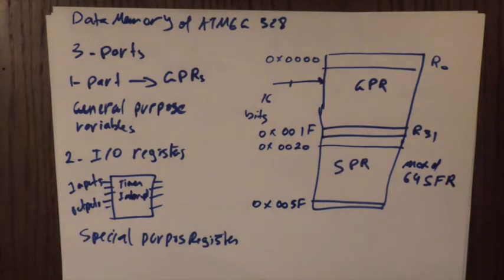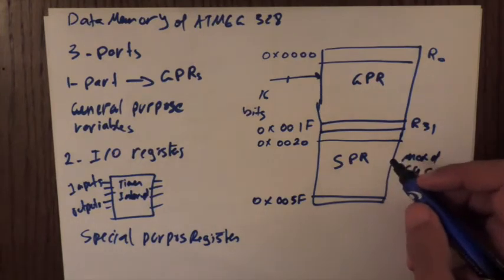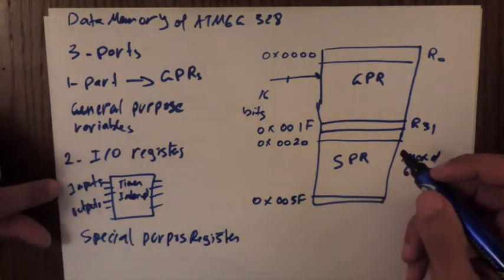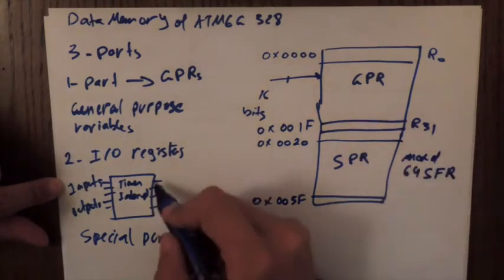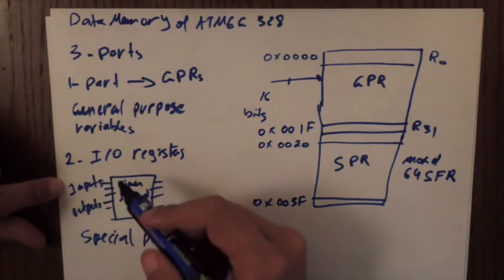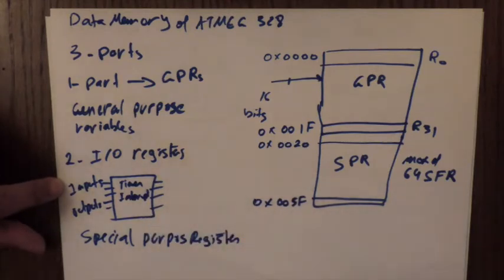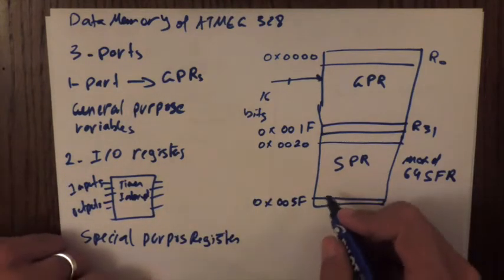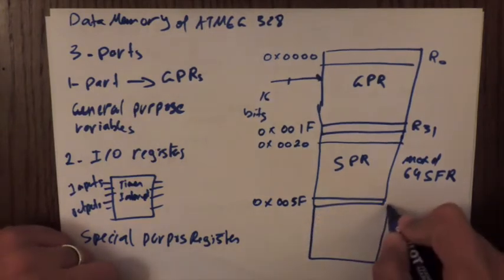Now, to elaborate more on special purpose registers, they are, as I said before, the inputs, the outputs, the ports, the pins, how I can access the pins in a microcontroller, how I can access all specific functionalities that are characteristics of this microcontroller.